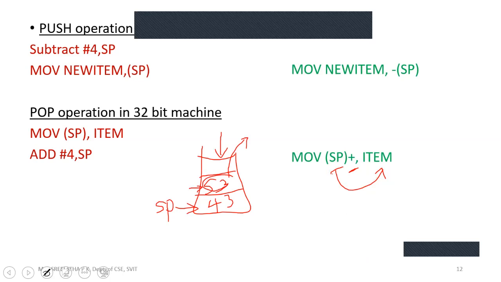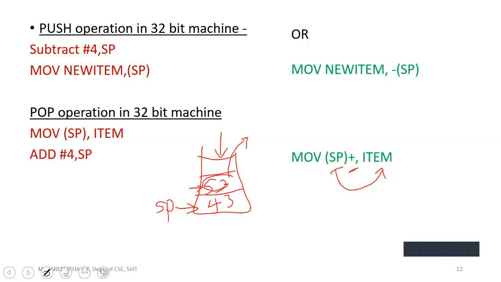So now this is the task to be done for adding and removing the element. Before this pushing and popping of elements, the condition should be checked whether the stack is full or empty. If the stack is full, the push operation cannot happen, the data cannot be put to the stack, and if the stack is empty, the data cannot be taken out.